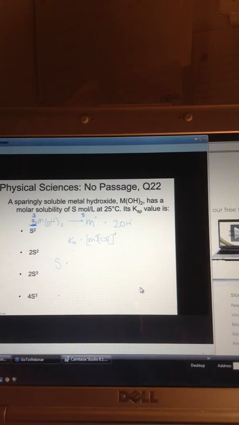Okay, so S equals the concentration of M plus, and 2S is the concentration of OH.